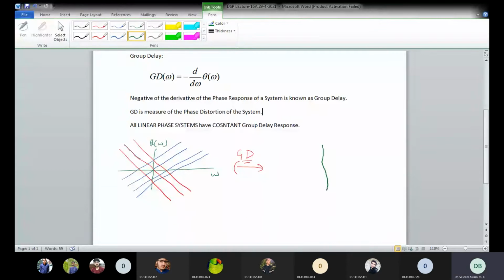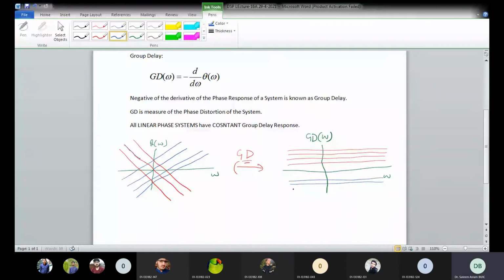If this is omega versus GD, group delay as a function of frequency, then we can see that these red lines can be represented as a constant function in the positive axis of y, and your blue lines are represented negatively because they are increasing, but when you plot a group delay, it's a negative of the derivative of the phase response of a system.